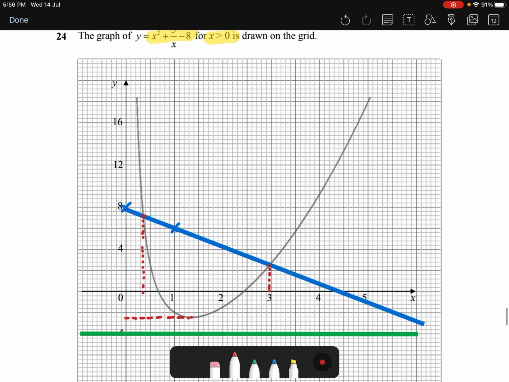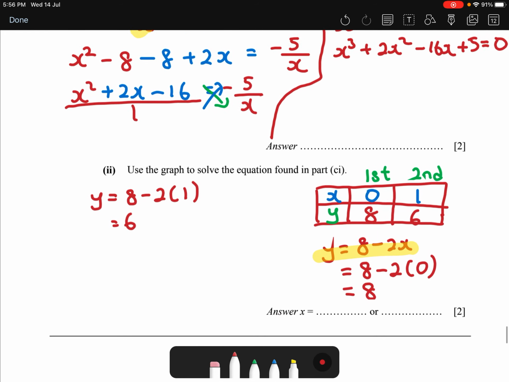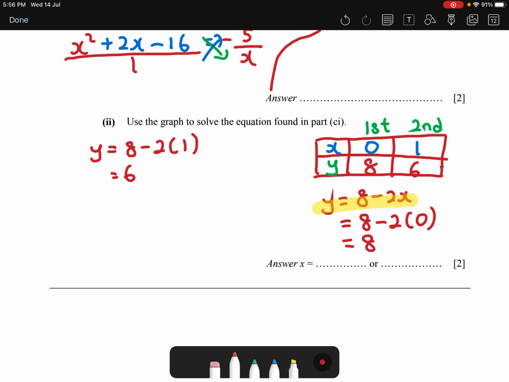So the intersection is about x equal to 0.35, and the next will be around 2.95. So let's put down: your x is equal to 0.35 or 2.95.